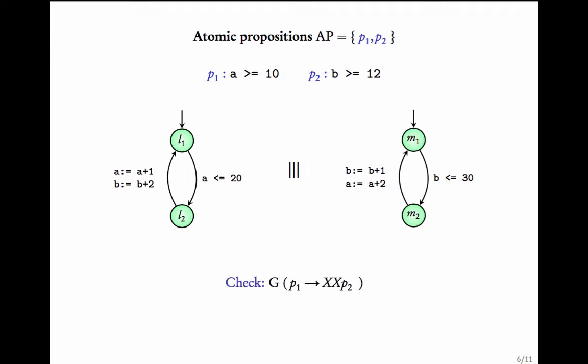And the property that we want to check is G of p1 implies X p2, and the model is the interleaving of these two program graphs. Let us now specify these program graphs in new SMV and check this condition.